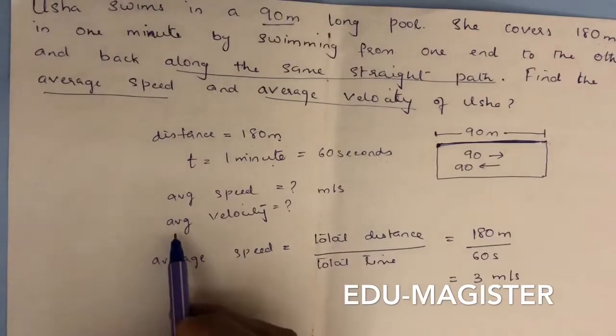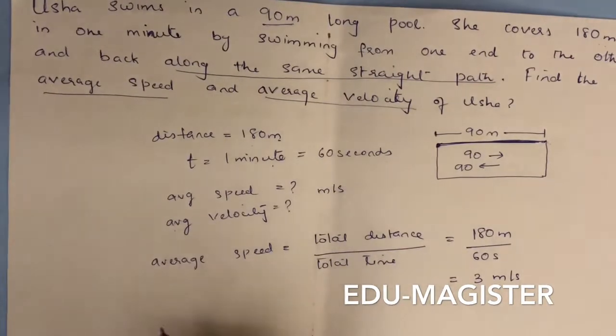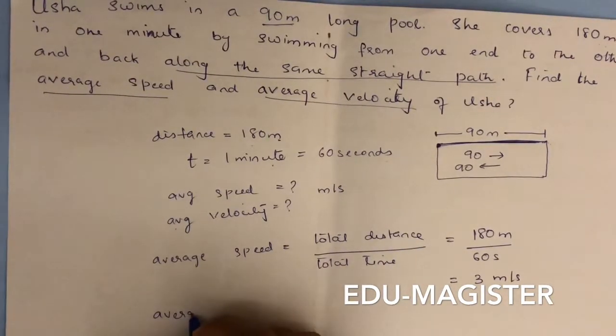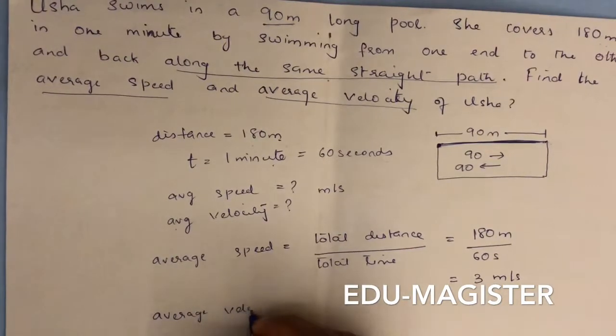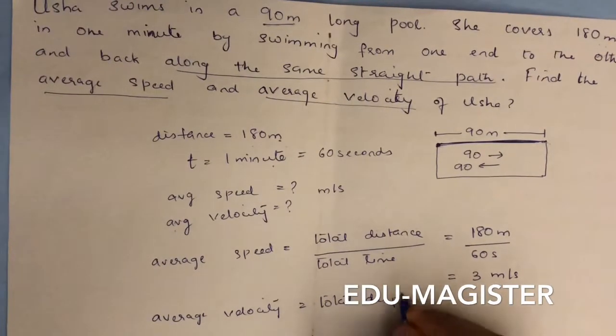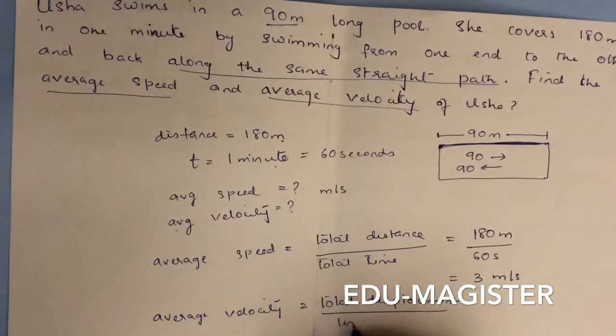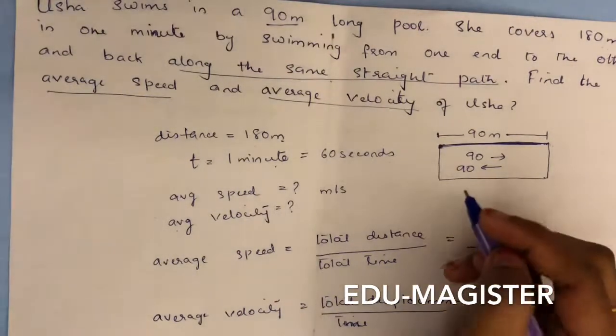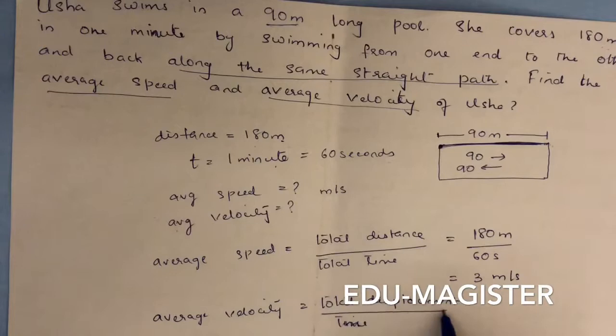Now next we are asked to find the average velocity. Average velocity is equal to total displacement by total time. Now, in this case, what is displacement? Okay, before that, what is displacement in the first place?